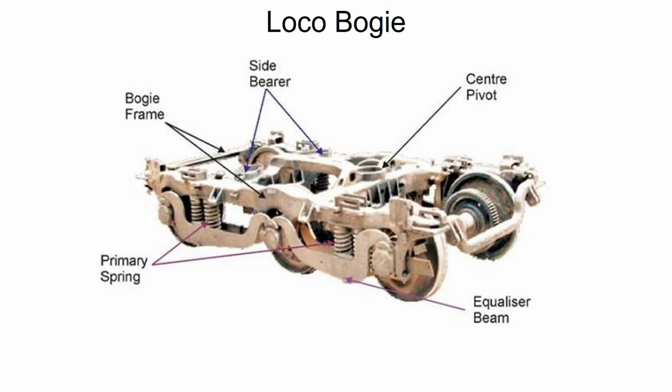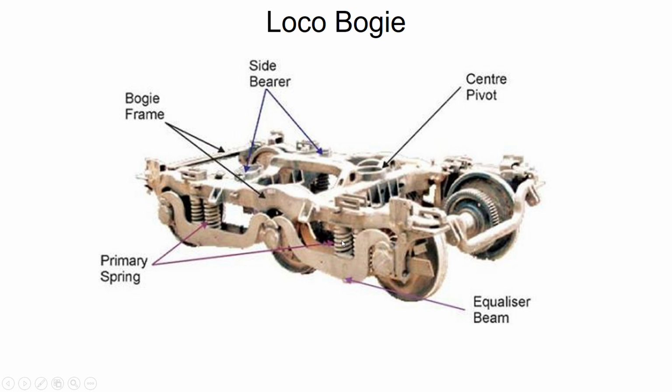Now here you see the components. This is, as I have said, the bogie frame. Now what is the center pivot? This is the center pivot. Side bearers, these are the side bearers, you see, and the equalizer beam, this is the equalizer beam.